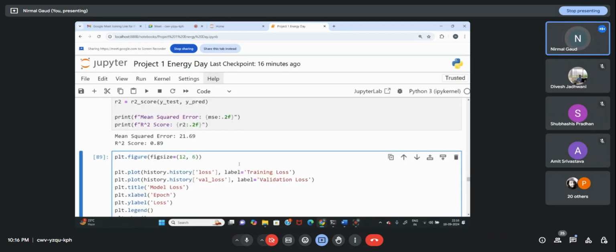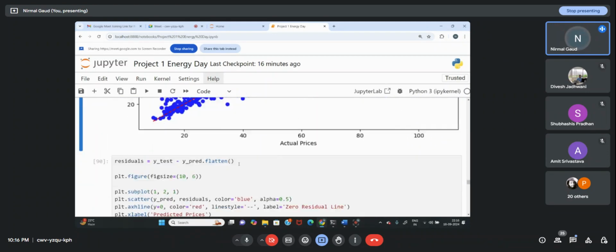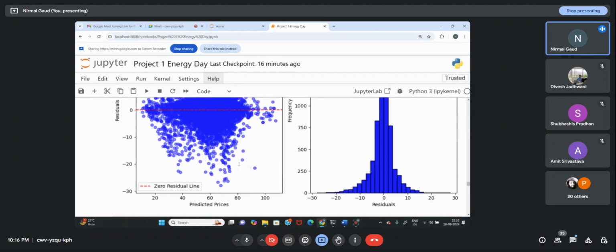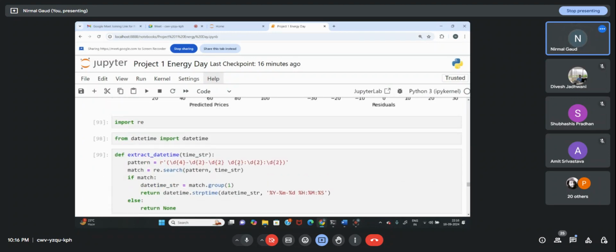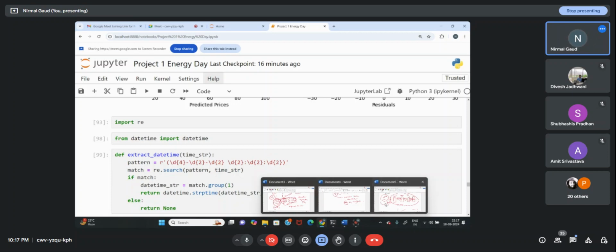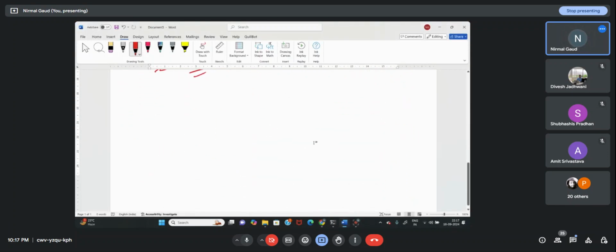And then comes one more thing, that is time series. Now, what is this time series? See, so far the kind of analysis you have done is regression analysis.